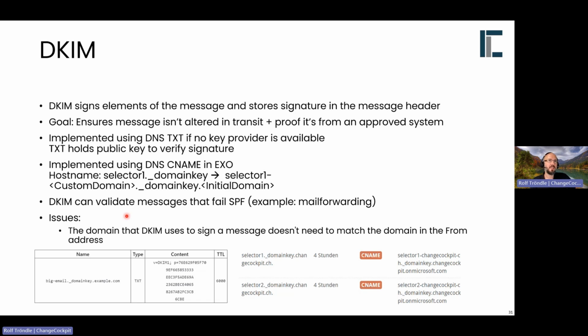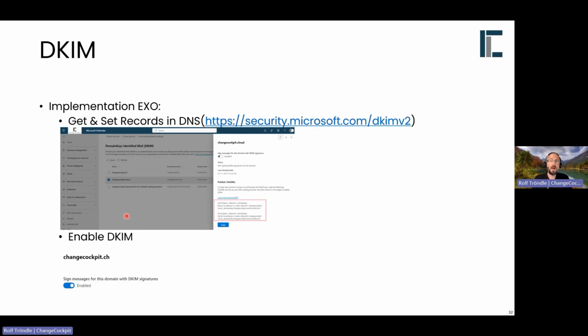So that's the problem with DKIM. We have seen the problem with SPF, with forwarding, and so on, and DKIM. But these solutions are not coupled together as long as you don't use DMARC. It's just the receiving server or Exchange Online Protection checks for both, and adds both to the measurements of whether it's spoof or not.